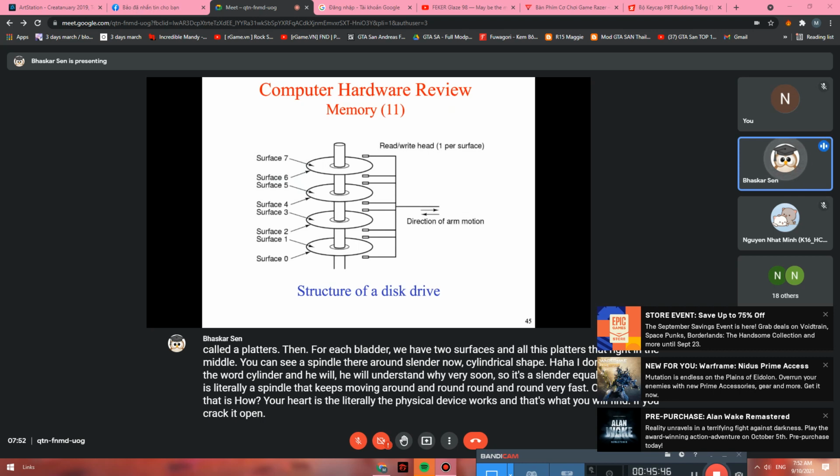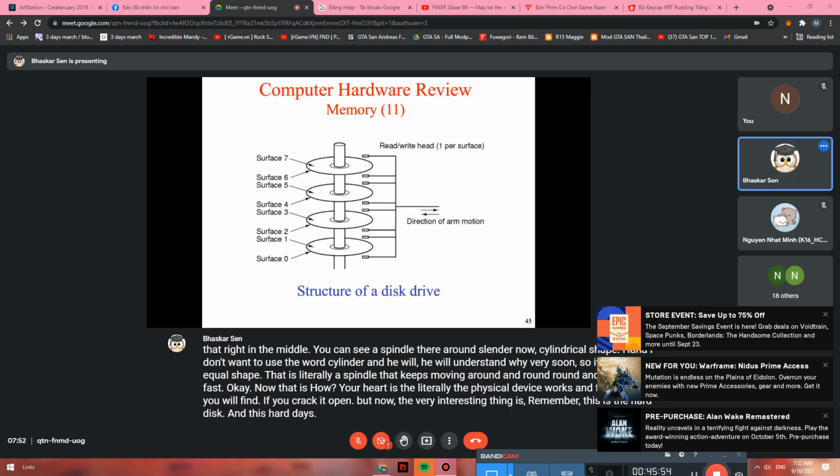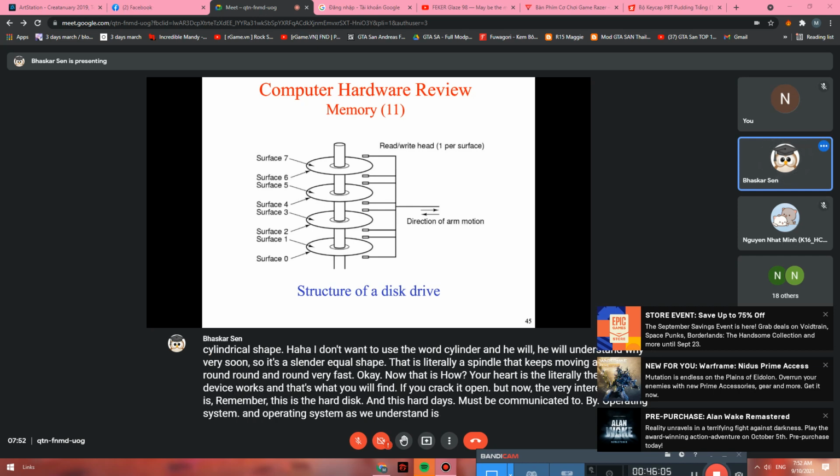But now the very interesting thing is, remember this is the hard disk, and this hard disk must be communicated to by the operating system. An operating system, as we understand, is all code. It's software.